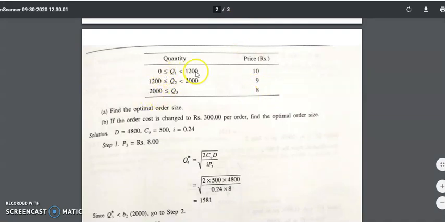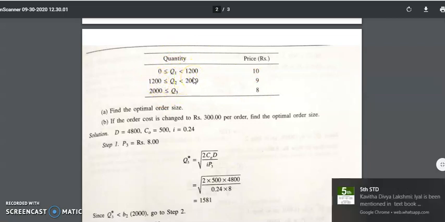Up to 1200 the price is 10 rupees per unit, 1200 to 2000 is the next price, and more than 2000 it is 8. So quantity 1, quantity 2, quantity 3, and these 1200 and 2000 are called price breaks.